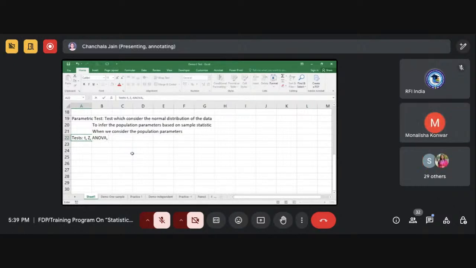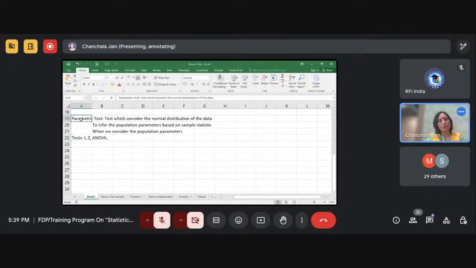Okay. So I was talking about parametric tests. I said the tests which are considering the normal distribution of the data, in that case we can say we are talking about the parametric test. Second case, when we want to infer about the population characteristics using sample characteristics, we are using the parametric test.